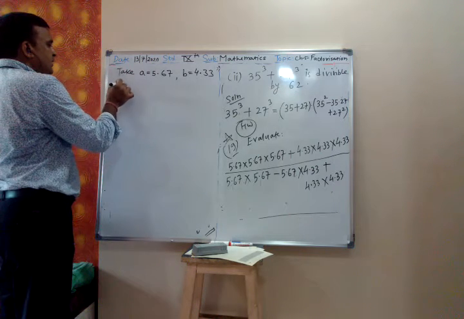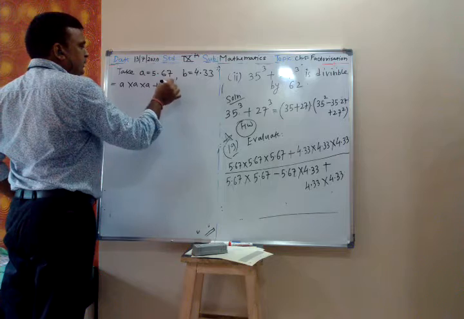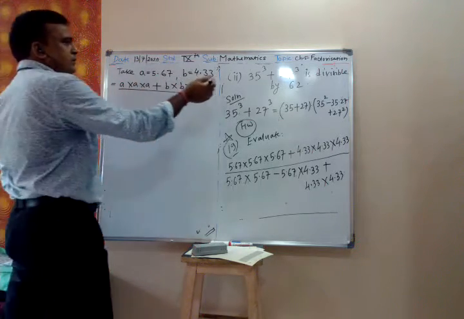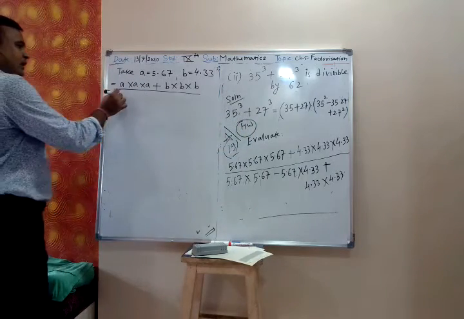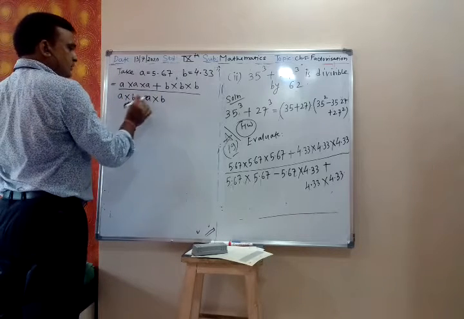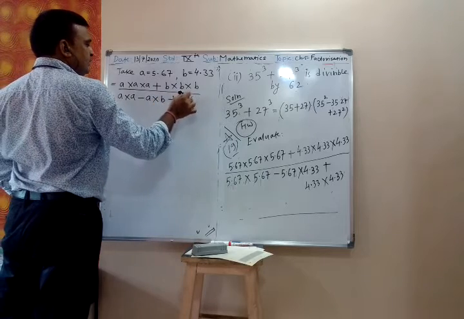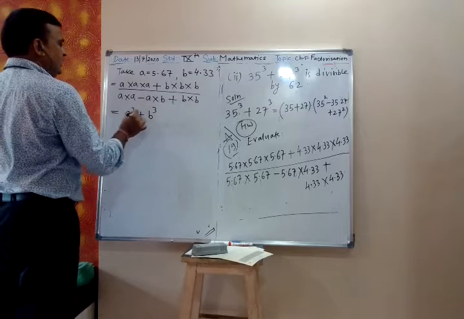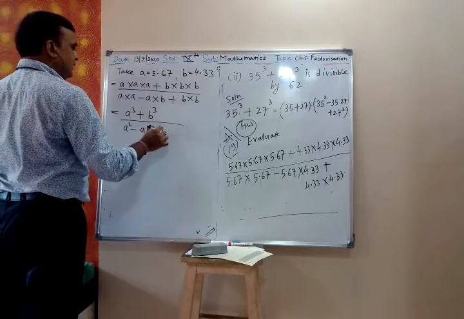So this becomes A into A into A plus B into B into B, upon A into A minus A into B plus B into B. So A into A into A is A cube, plus B cube, upon A square minus AB plus B square. Further part I have given as homework.